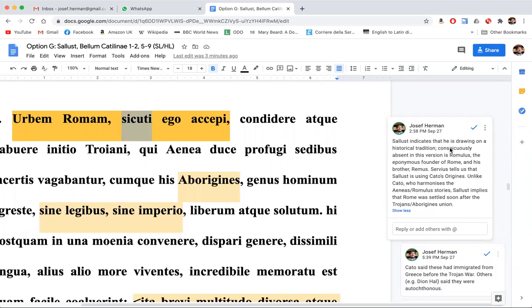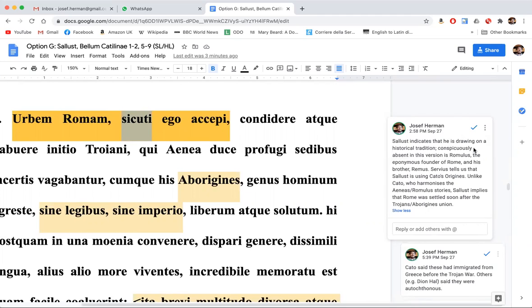Now, one thing that's interesting about the way that Sallust presents the very early history of Rome is that he doesn't include Romulus, who is famously the founder of Rome. He is the eponymous founder of Rome. Eponymous means that he gives his name to the city. And Remus, his brother, is absent from Sallust's version as well.